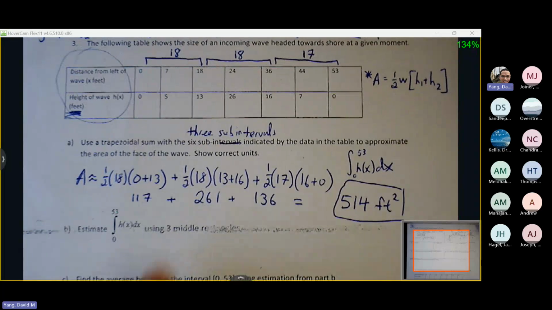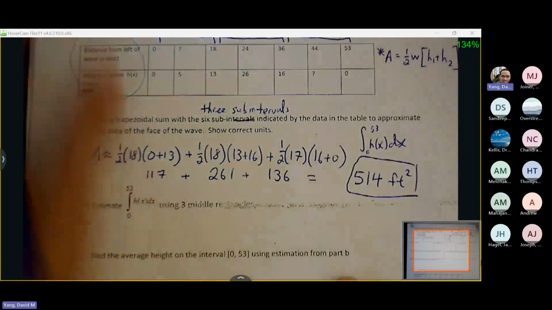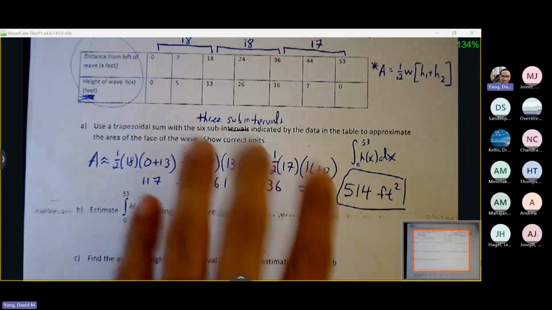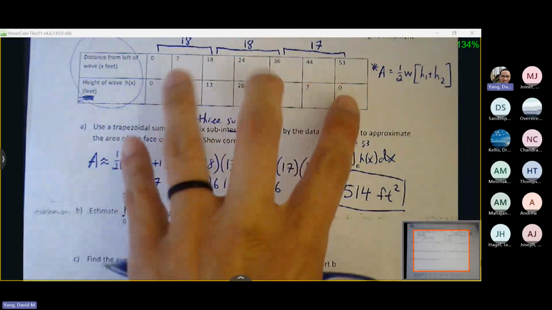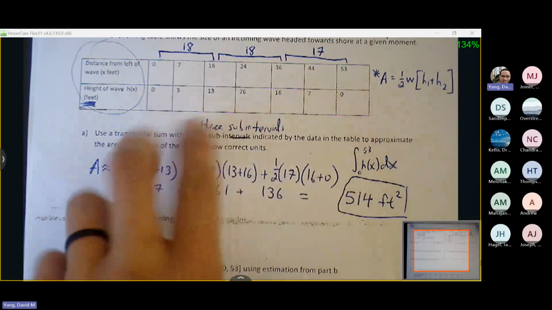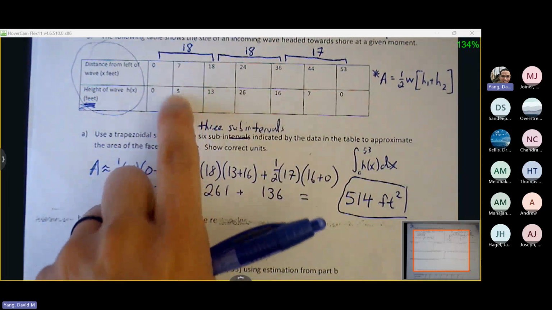Okay, let's do 3 middle rectangles. Sorry, the wording got cut off there. But now middle rectangles, looks like the interval has already been split up the way that we did for part A. And then now you're just picking off the height in the middle.